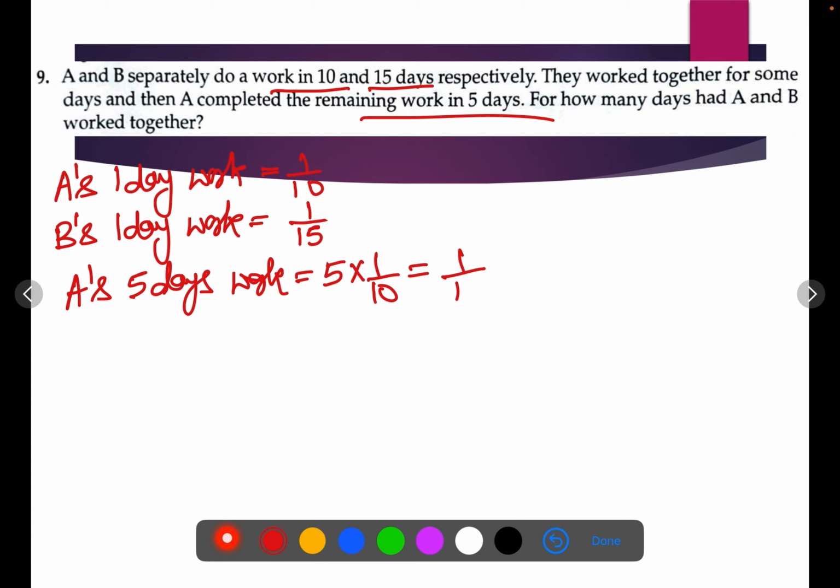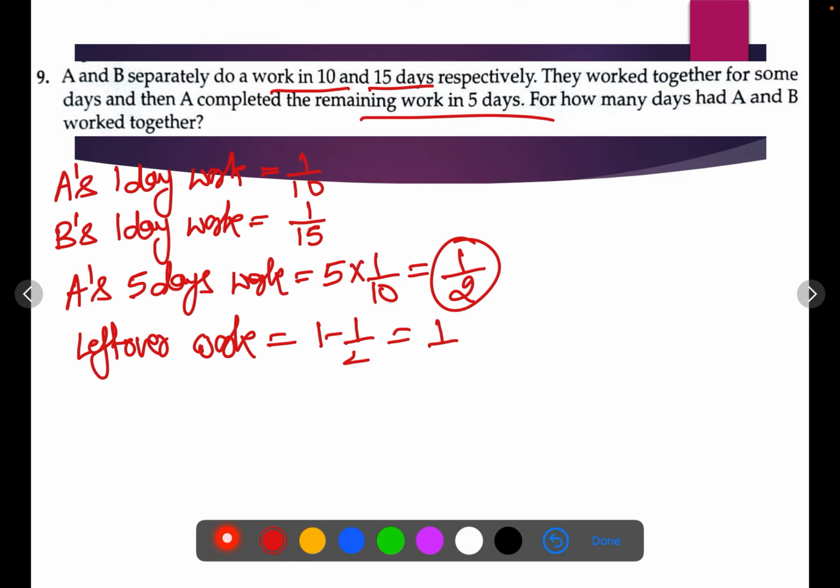I cannot define the gender, it is not given, right? A's 5-day work is 5 upon 10, 1 upon 2. So in 5 days, A has done half of the work. So leftover work is half only, which they work together. Leftover work is 1 minus 1 by 2, which is 1 by 2.